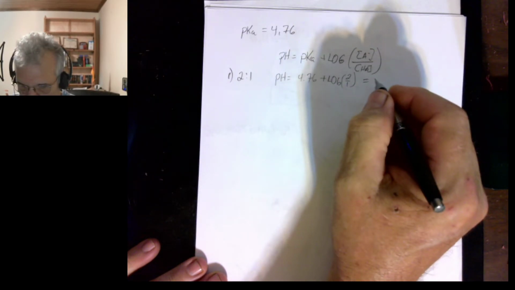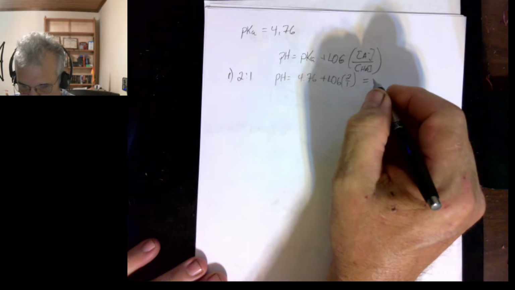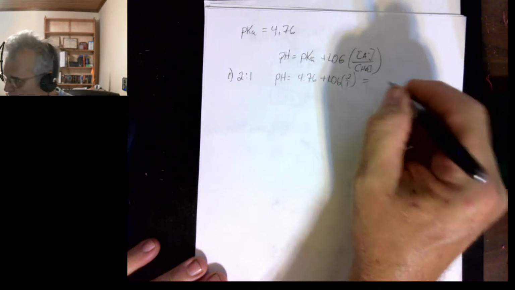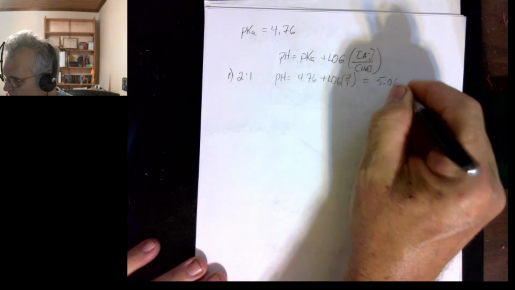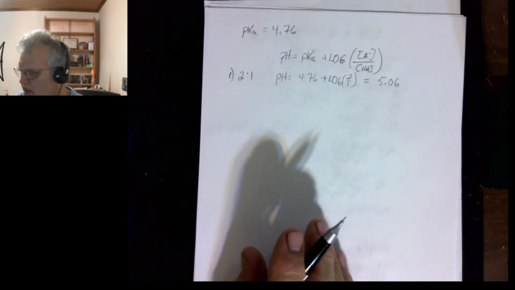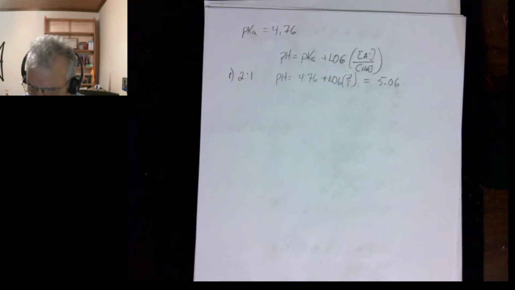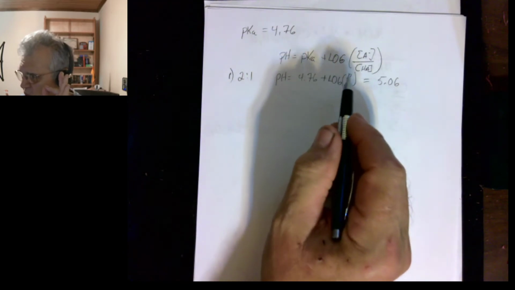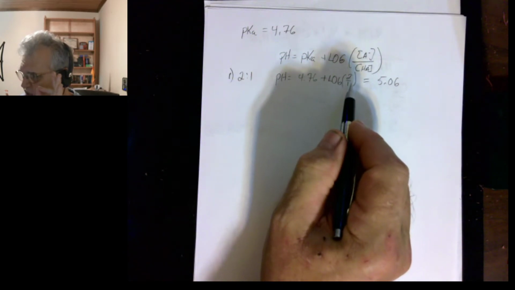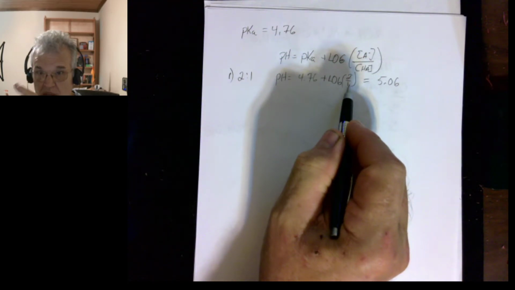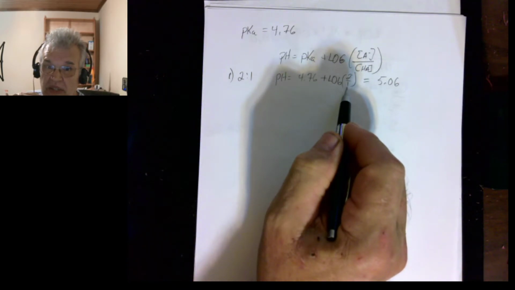And if you plug that into your calculator and do the work, you should end up with 5.06. Now, one of the things we want to look at is there was more base than there was acid here, right? It's 2-to-1, twice as much base as there was acid.